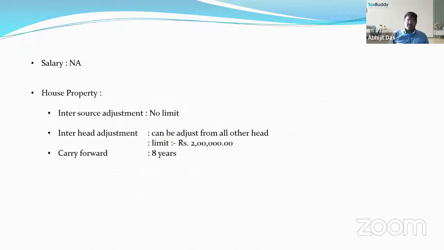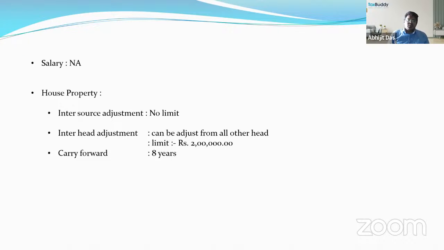Here are some provisions related to the heads of income in respect of set off. Salary loss cannot be set off against any other head, since salary will either be zero or a positive figure. Negative salary is not allowed.